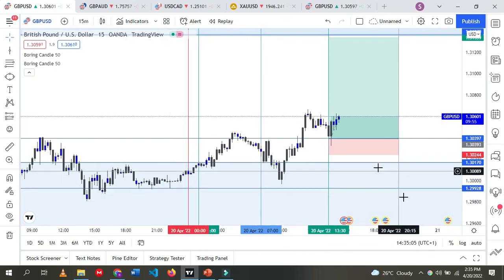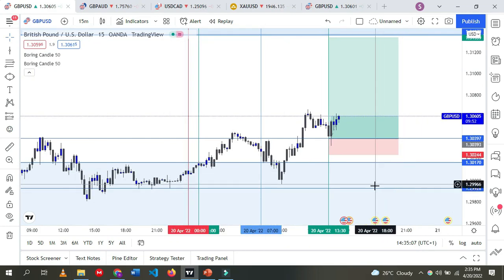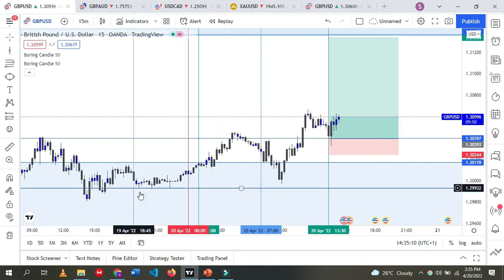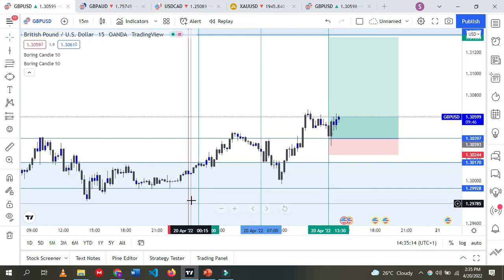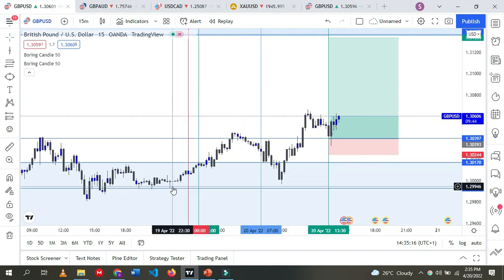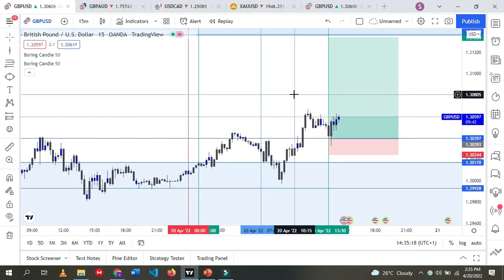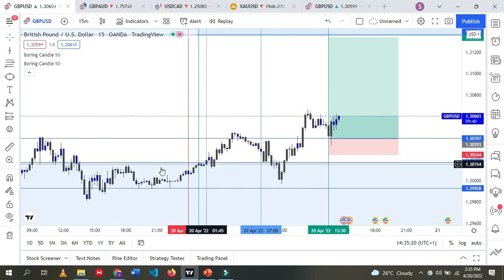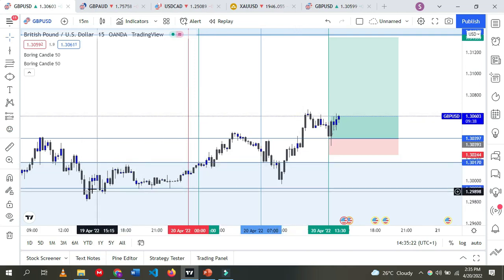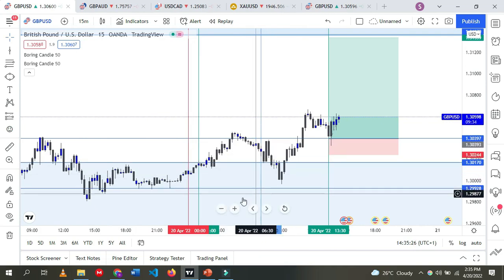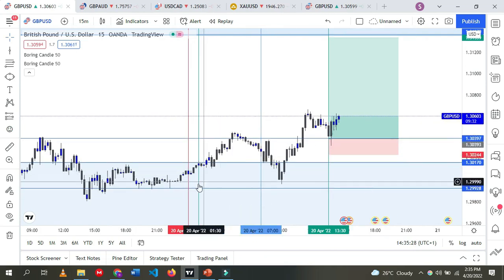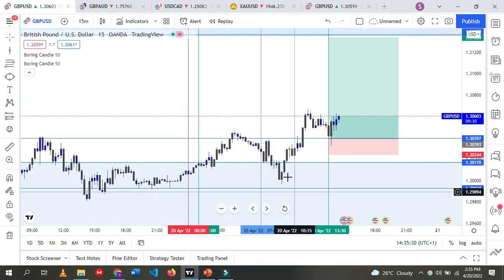I marked this blue space on a bigger time frame, but this other level is from the 4 hour time frame. I expect the market to form an uptrend, so we move from this higher low to this higher high. I had marked this level for the market to drop down, but I couldn't take the breakouts here.